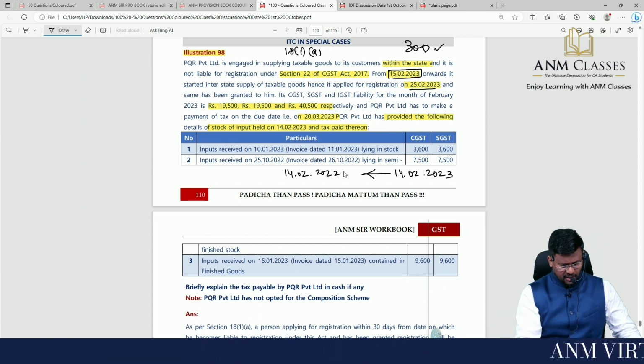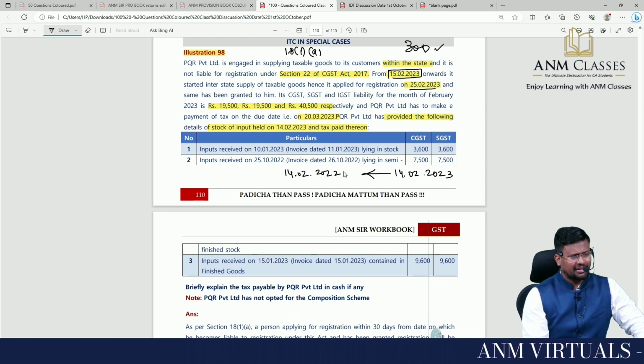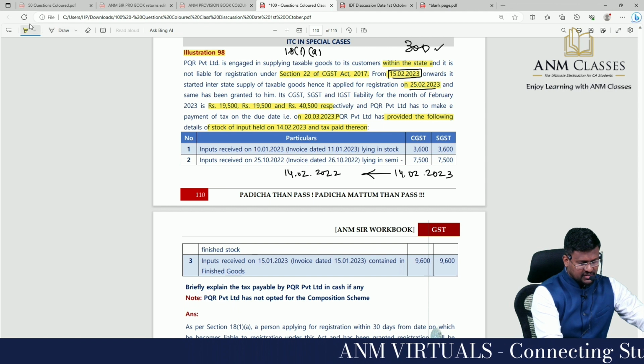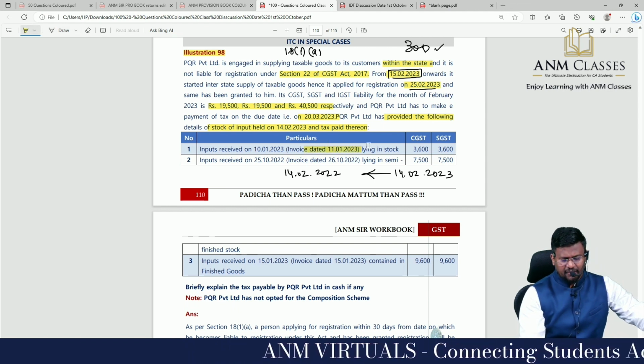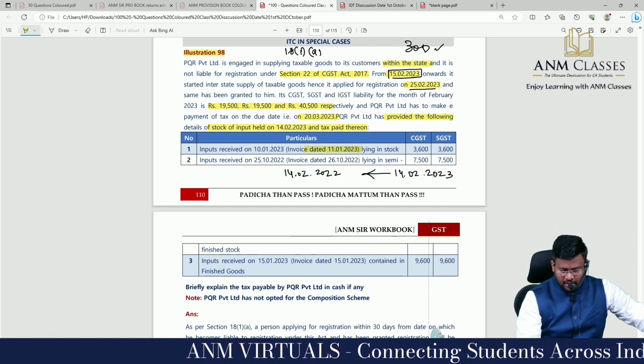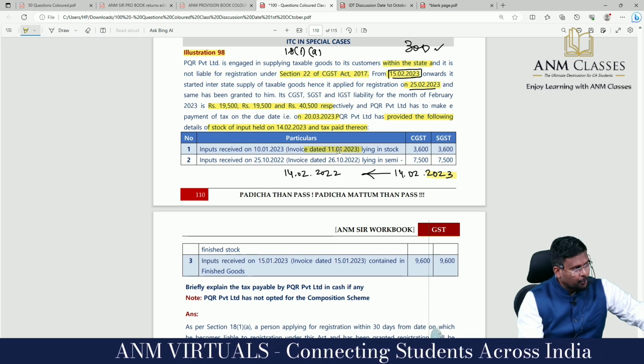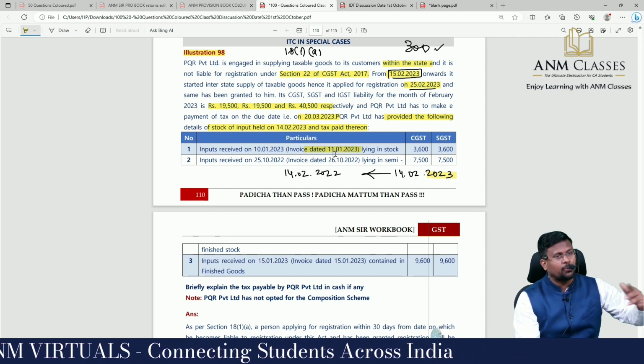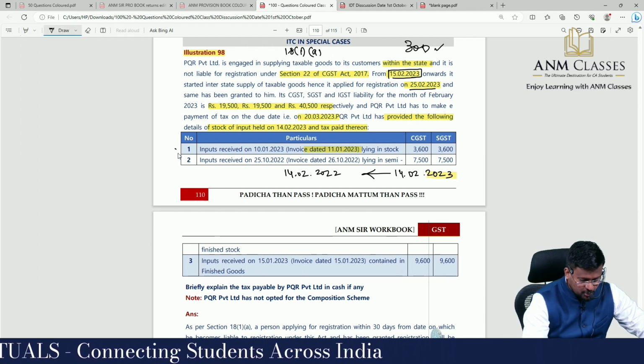So if it says input received on 10/1/2023, put that in the dustbin. I want only the invoice date. Invoice date is 11/1/2023. The year is 2023, the input was purchased in 2023, so don't even check the one-year limit; just see that it is 2023. This is eligible ITC.